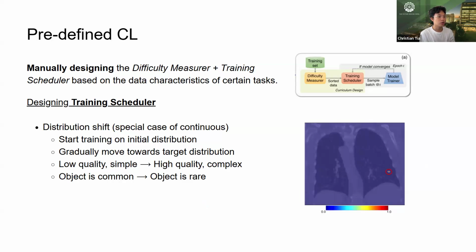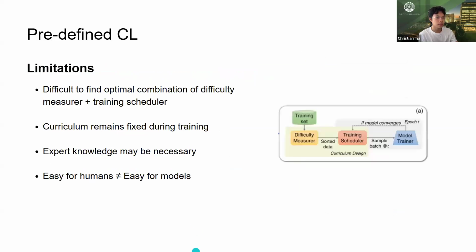They started from images where nodules were present, and then slowly decreased the proportion of examples where nodules were present until they reached the training set, which was extremely imbalanced. In this way, they saw better performance on lung nodule detection, because they were able to train the model on the target proportion first.